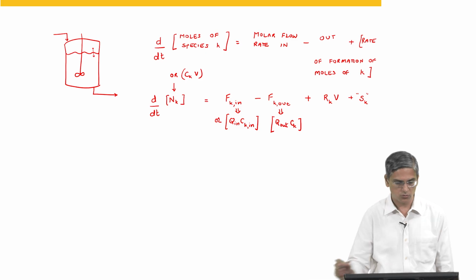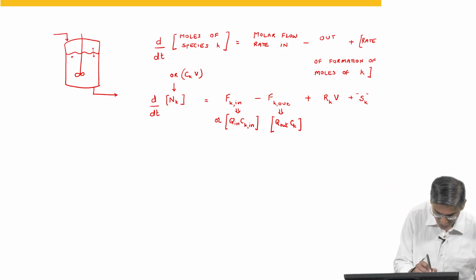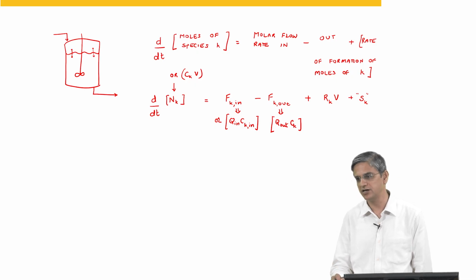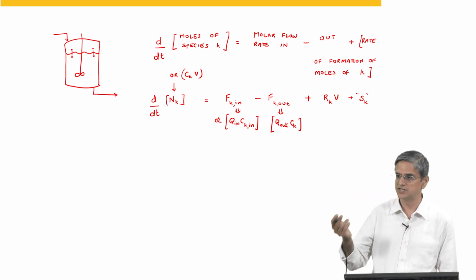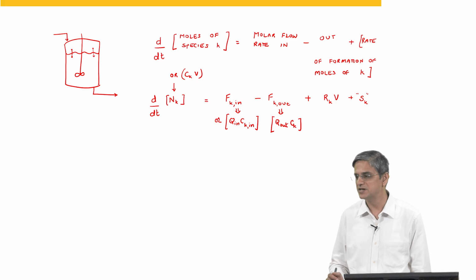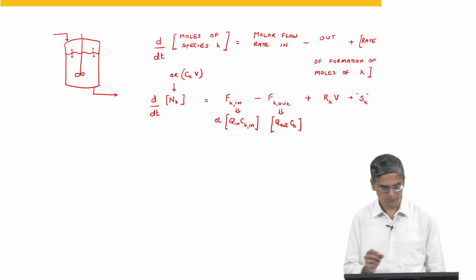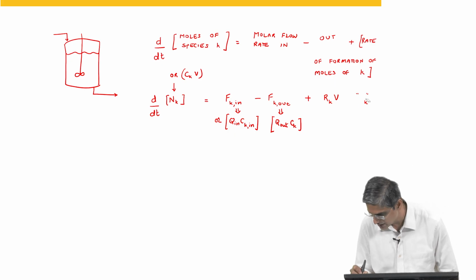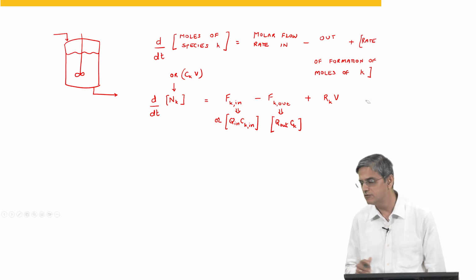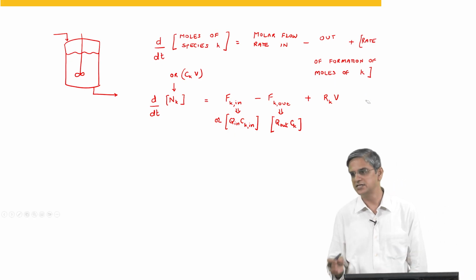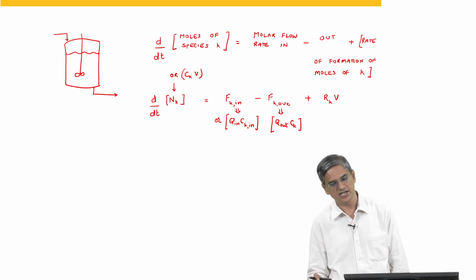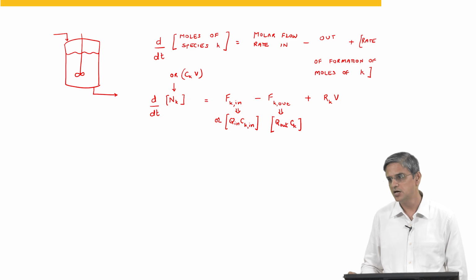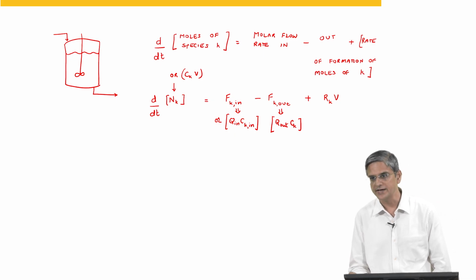If there was a possibility of something evaporating from the liquid phase into the gas phase, that again will be captured by the same SK term. Something that we are not doing right now, so I will not add it, but looking forward, the same analysis that we are doing right now, with fairly minor changes, will be applicable at a later stage as well.